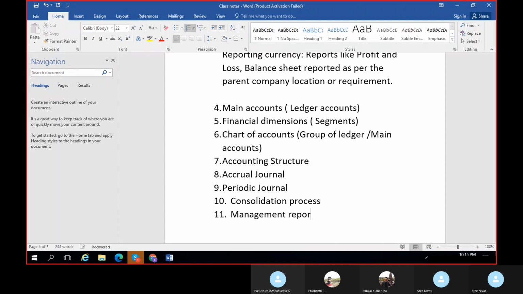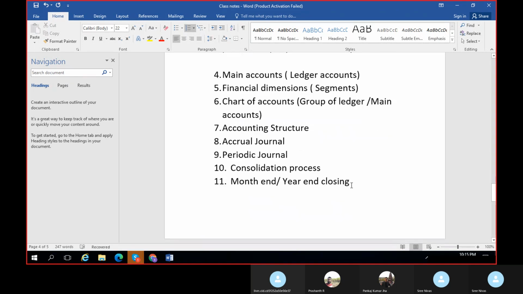Next would be the management report and year-end closing. After this consolidation process, every month, irrespective of the legal entity, you will have to prepare the month-end reports.